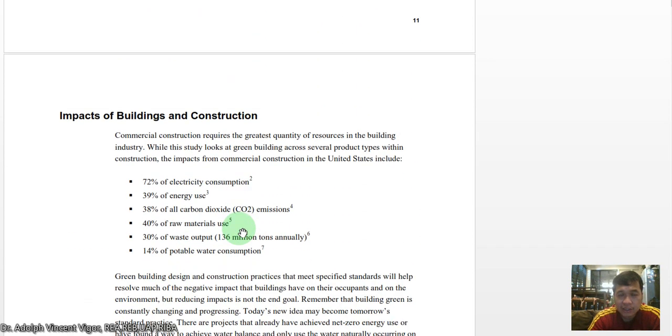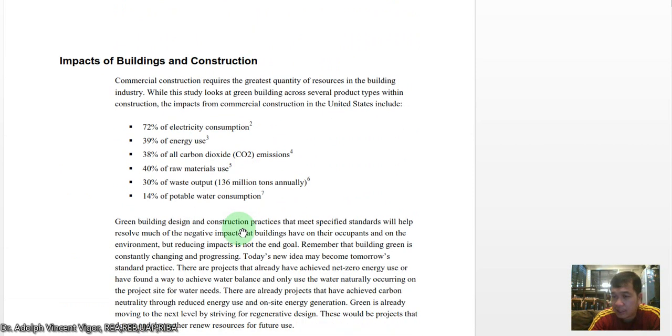What are the impacts of buildings and construction? Commercial construction requires the greatest quantity of resources in the building industry.